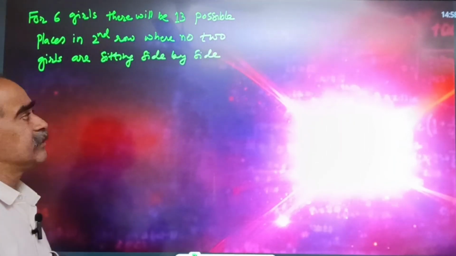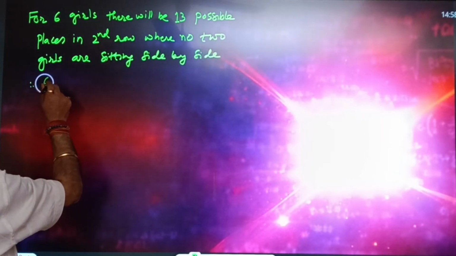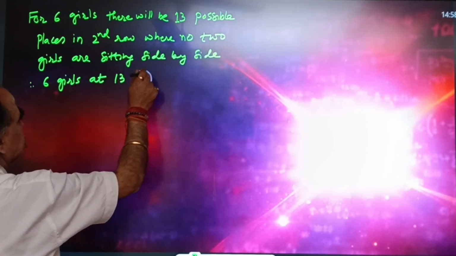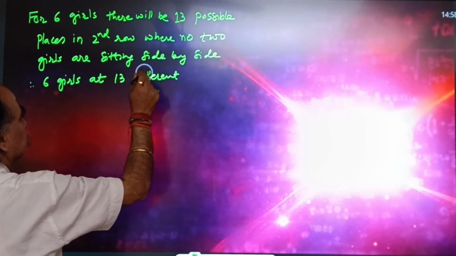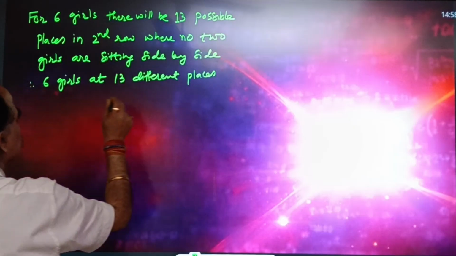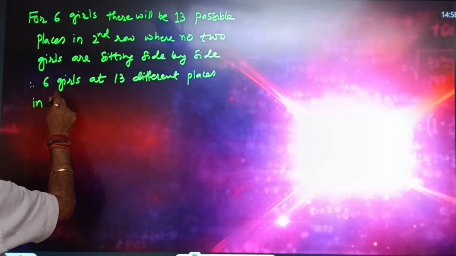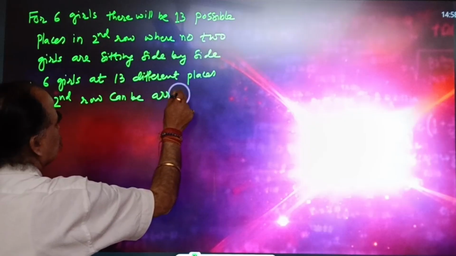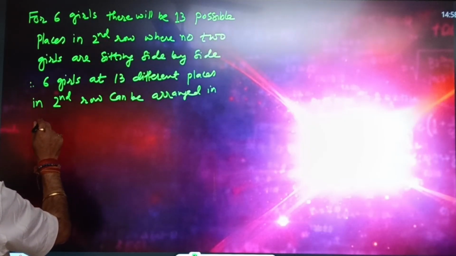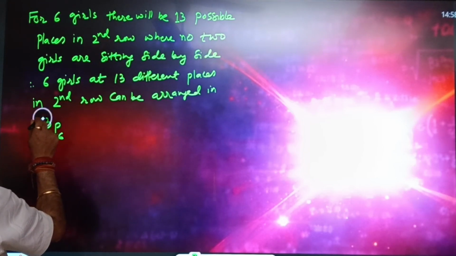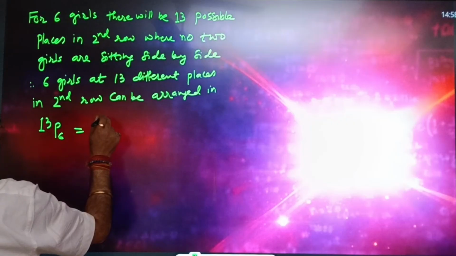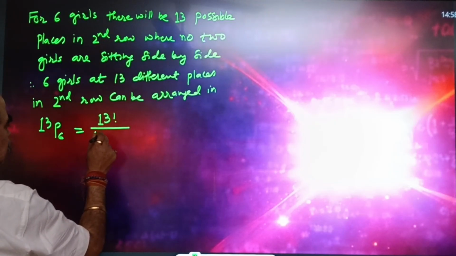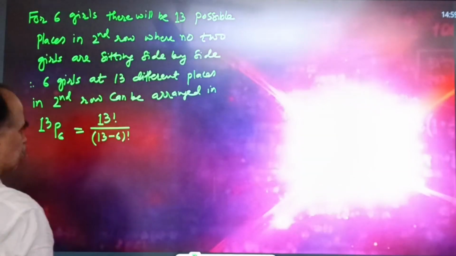Therefore, 6 girls at 13 different places in the second row can be arranged in 13P6, 13 factorial upon 13 minus 6 factorial.